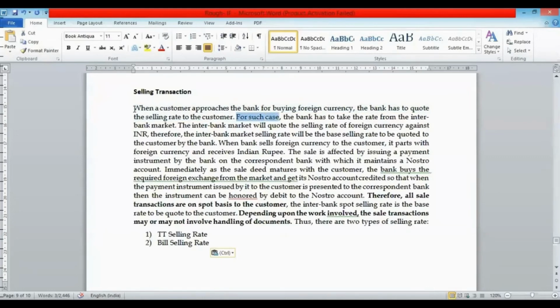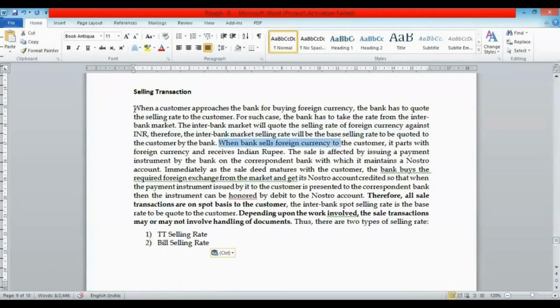For such a case, the bank has to take the rate from the interbank market. The interbank market will quote the selling rate of foreign currency against Indian rupee. I have just told you. Therefore, the interbank selling rate will be the base selling rate to be quoted to the customer by the bank.